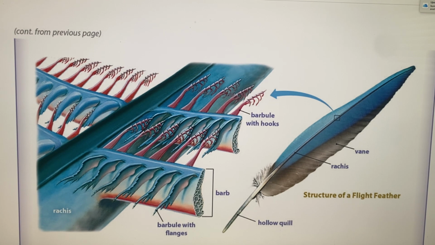And they work like a zipper. So when in flight, it puffs out, and then when they come down, they zip up by preening. So they come together, so they're really smooth. And when they fly, they puff. These feathers automatically change in flight. So let's go over that just a little bit more, because it can probably be part of your test question.